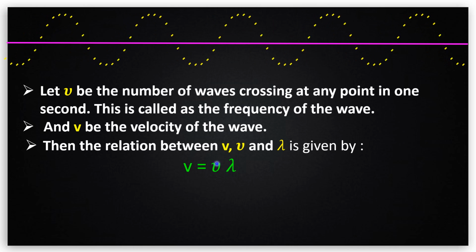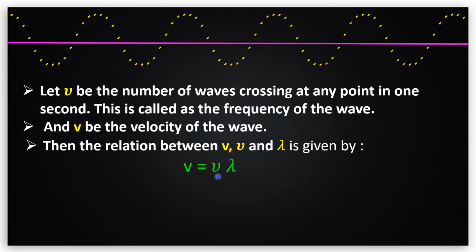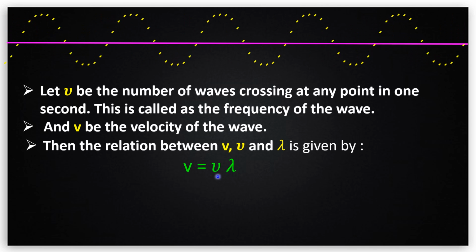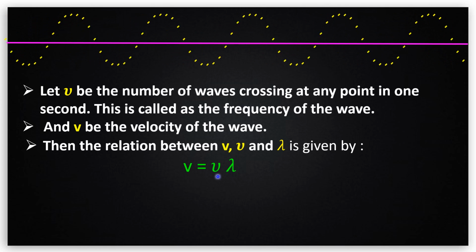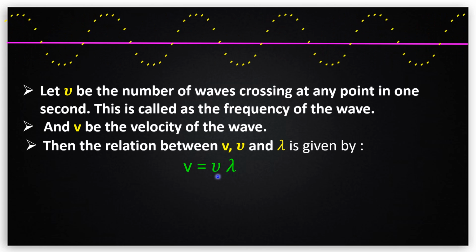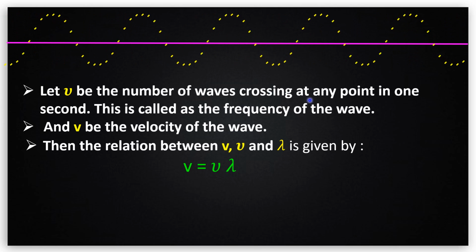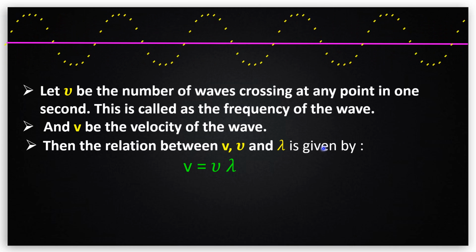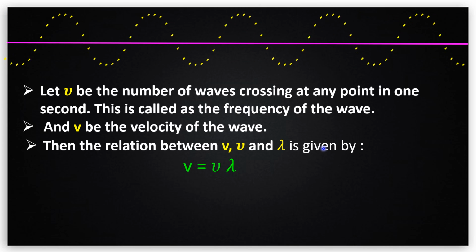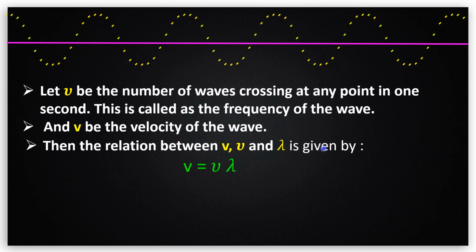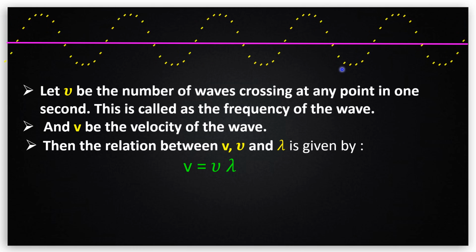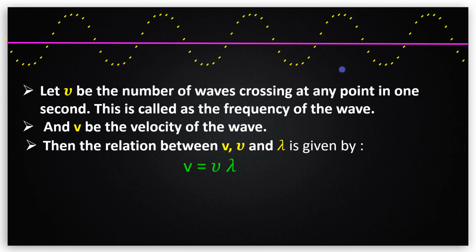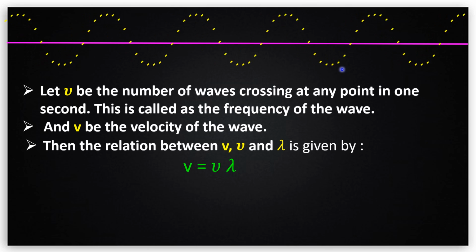In this case, nu is constant. When a ray of light is traveling through a transparent medium, that light is absorbed by the atoms of that medium, and the atoms re-emit light of the same frequency.